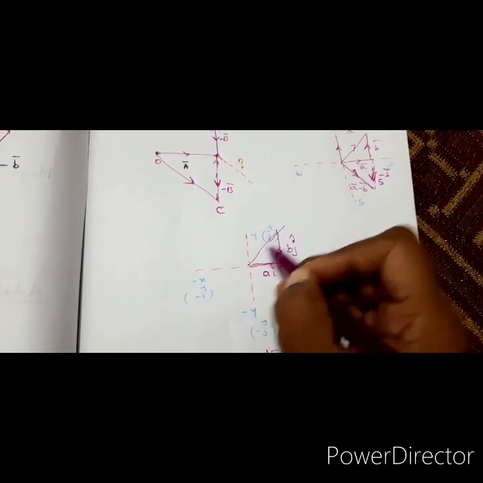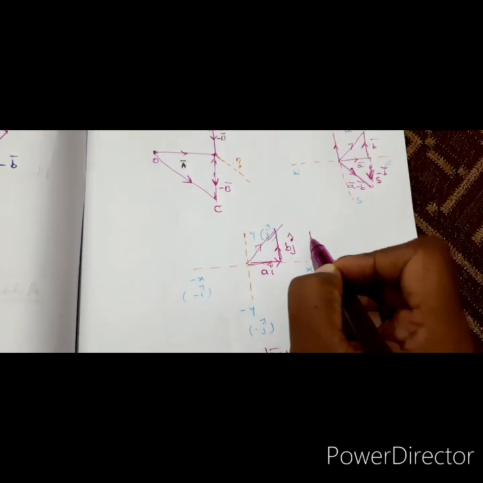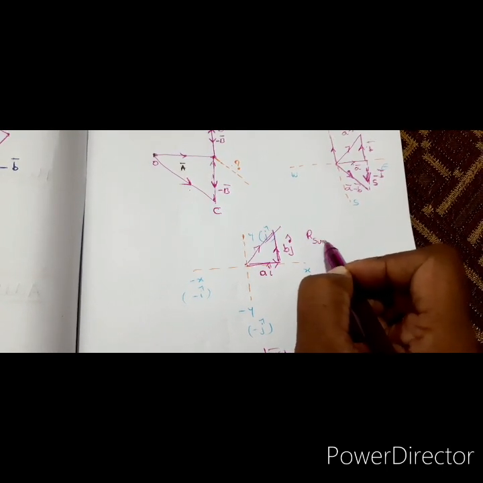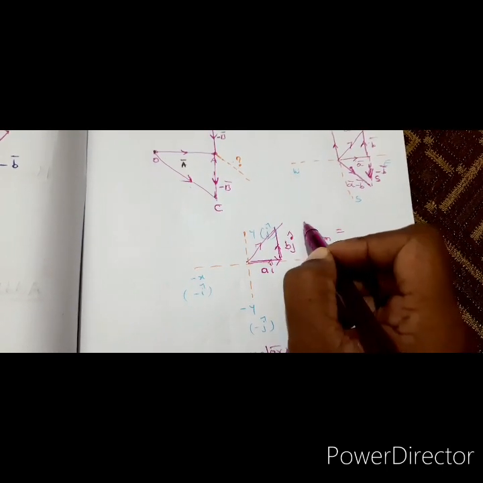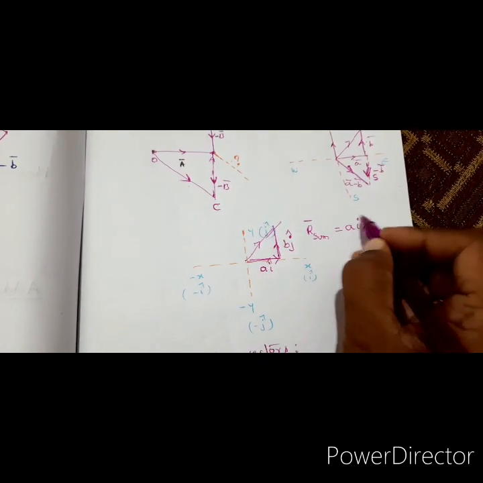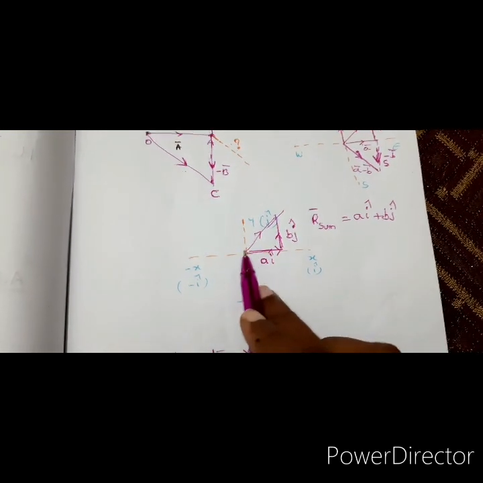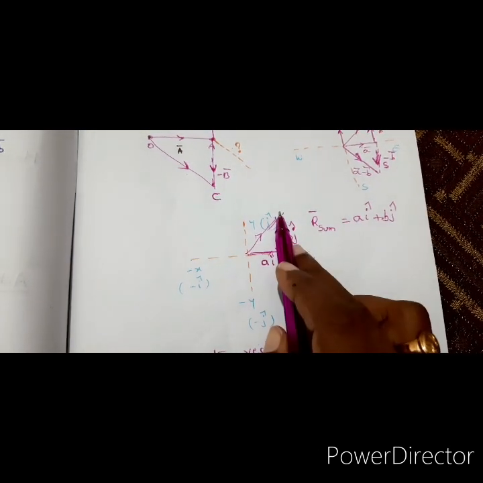The resultant of the sum, let me write it, is equal to, this is in vector form, A i cap plus B j cap.